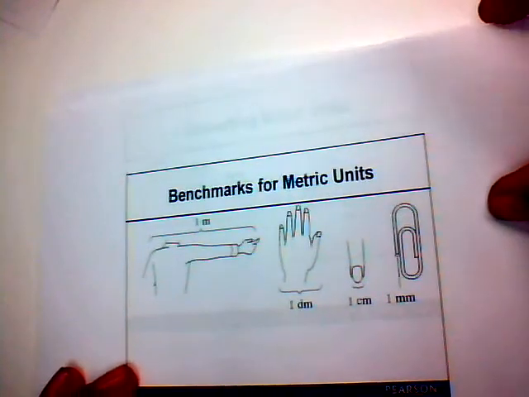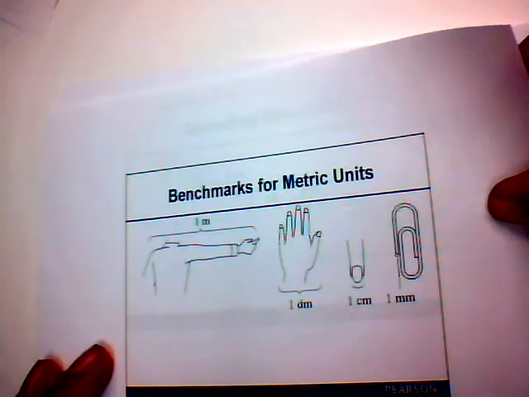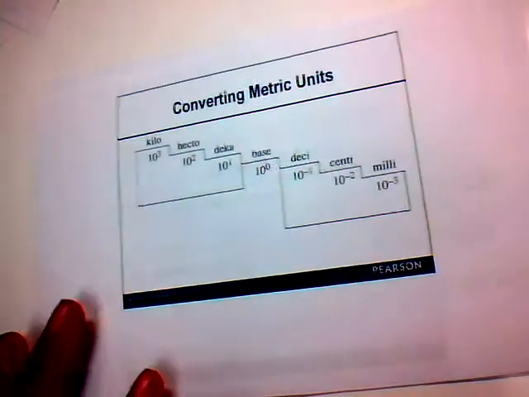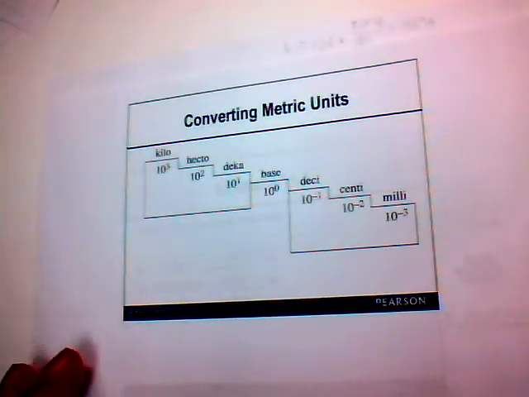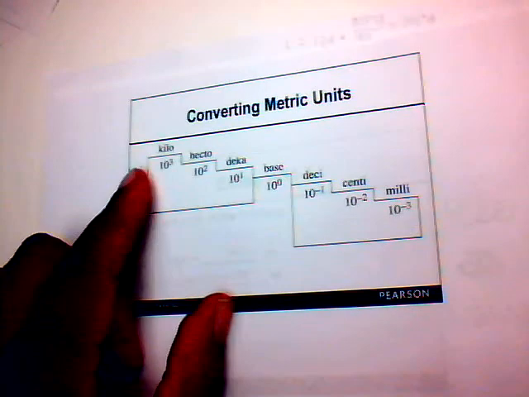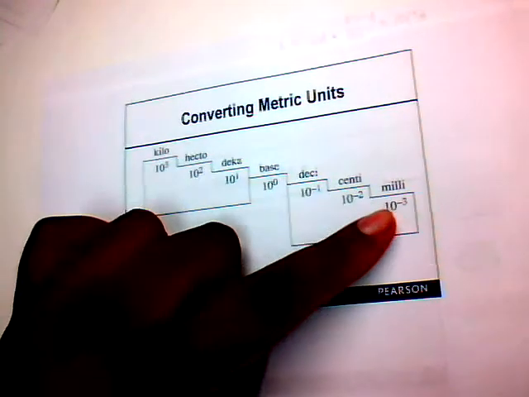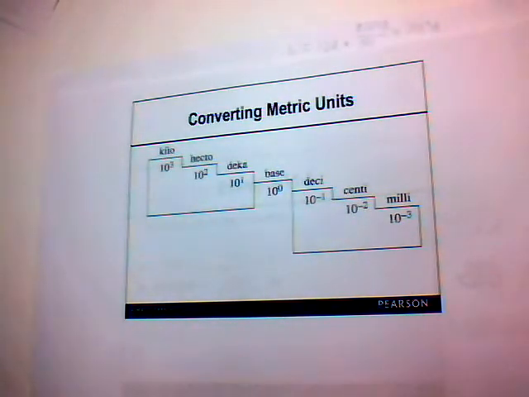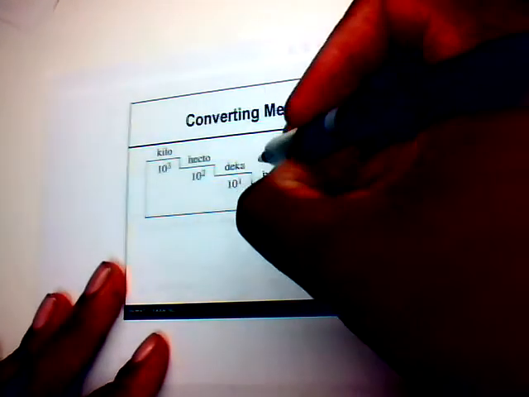Those are just a few benchmarks that you can use to consider the measurement for a metric unit. And this is a chart that we use to convert from one metric unit to another metric unit. Okay? Usually, it goes from kilo to milli, and the base is right here. The base could be either meters, liters, or grams.